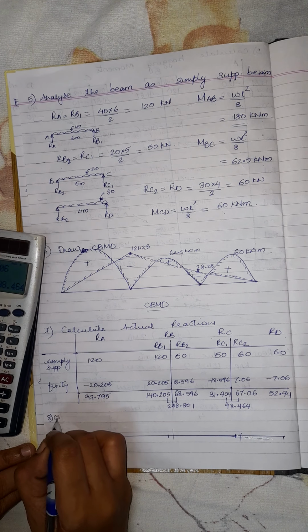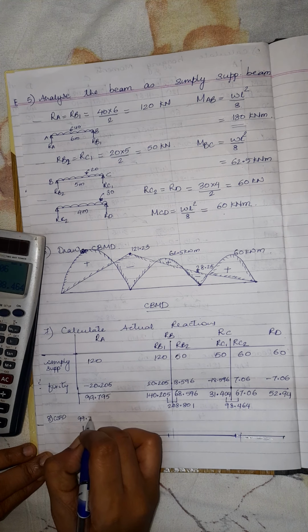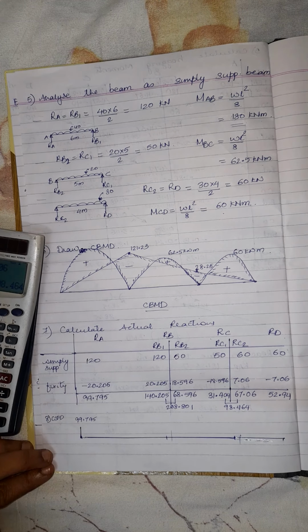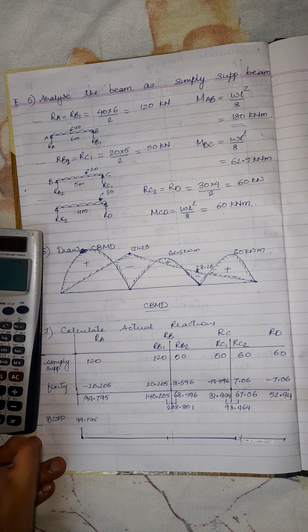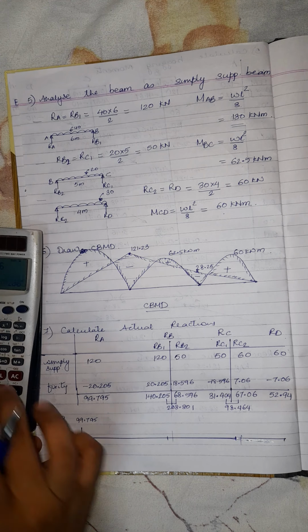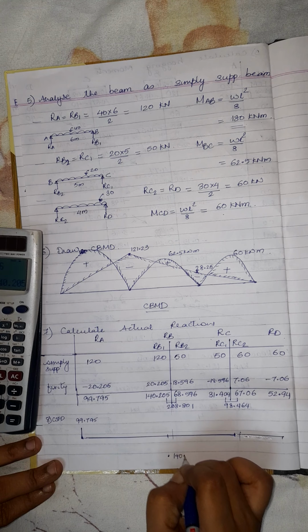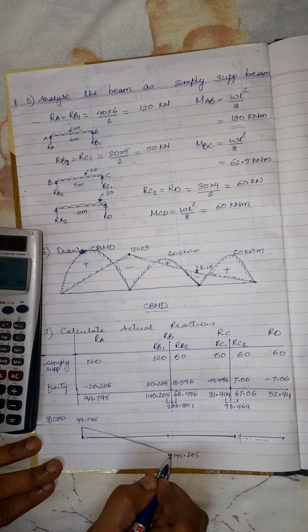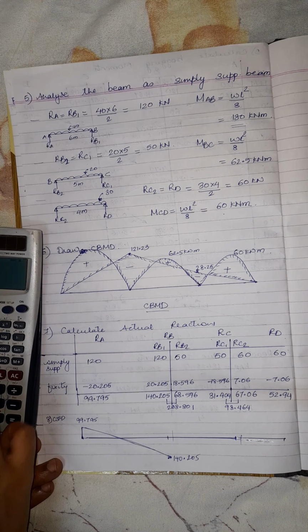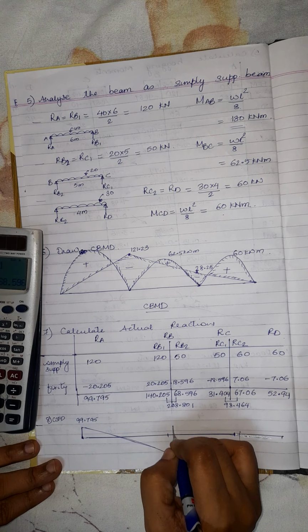Step number 8, combined SFD. 99 on top, it moves up. You can draw all the loads and reactions again, and draw a proper sketch. Minus 40 into 6, so this gives me value 140.205. Join this. Okay, plus 208.801, so I get 68.596.